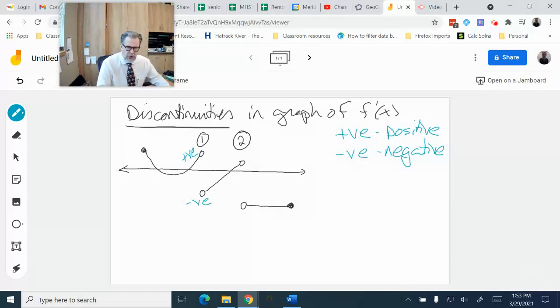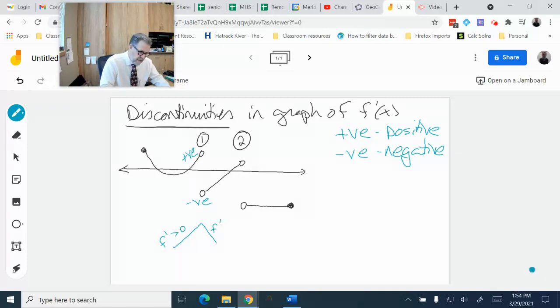Well, how do you jump from positive to negative? And notice that the derivative does not exist at that point. Well, this must be some kind of corner. There's a positive slope. You know what? Let's be all official and write f prime greater than 0.